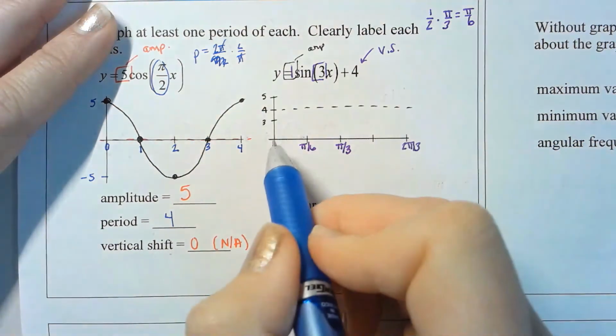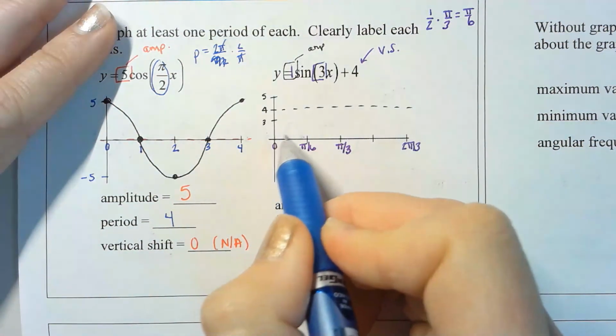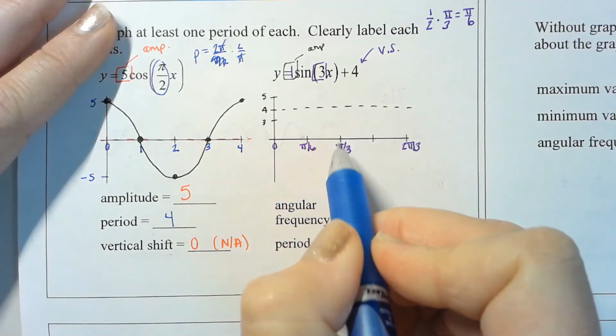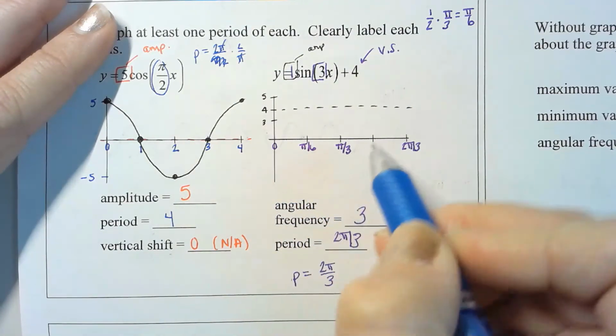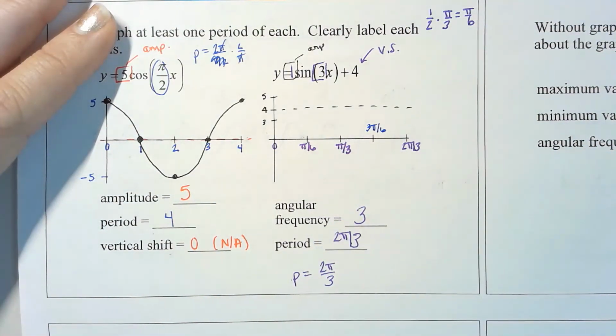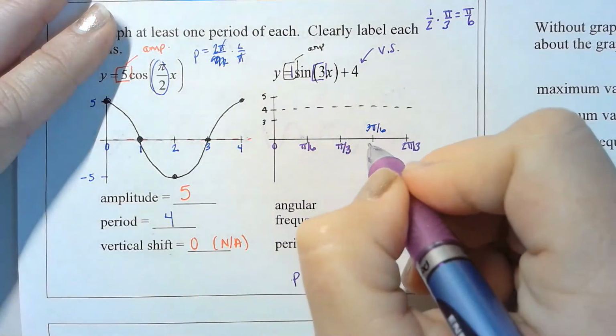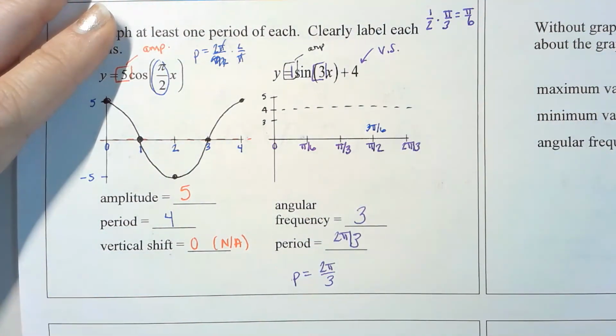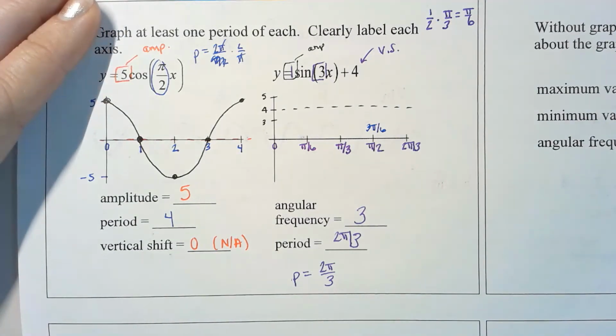Which means this distance here is pi over 6. So 1 pi over 6, 2 pi over 6, which reduces, 3 pi over 6, which reduces to pi over 2. And then 4 pi over 6, which reduces to 2 pi over 3. That's us labeling the axes.